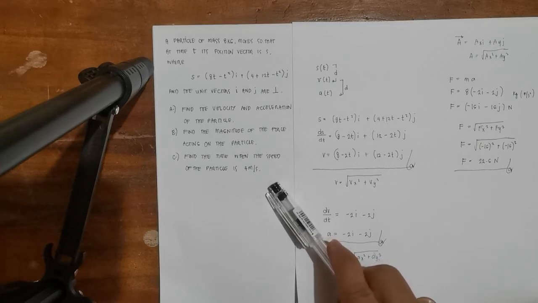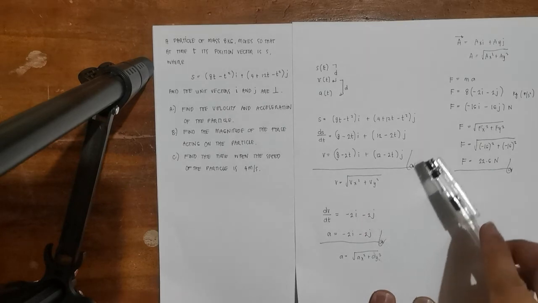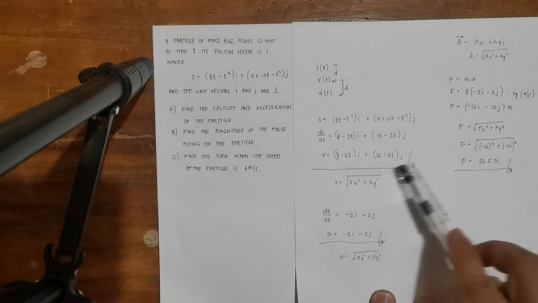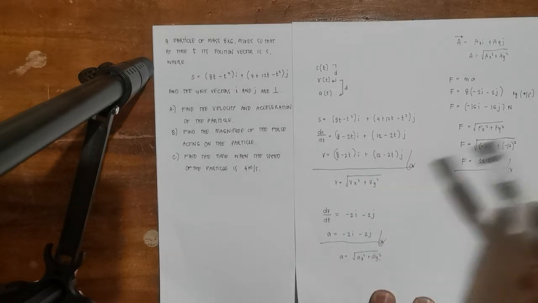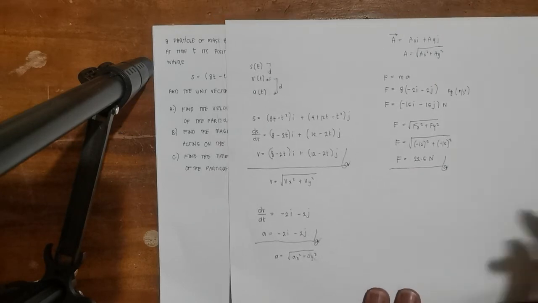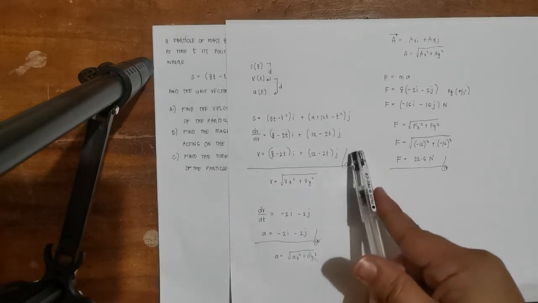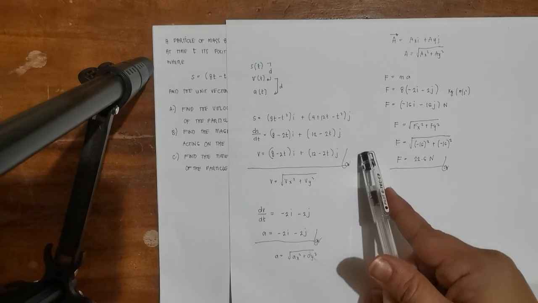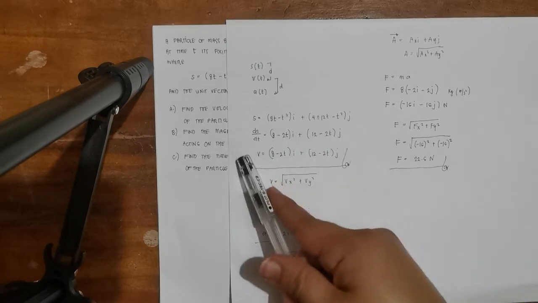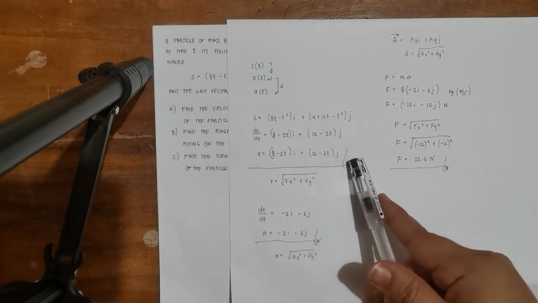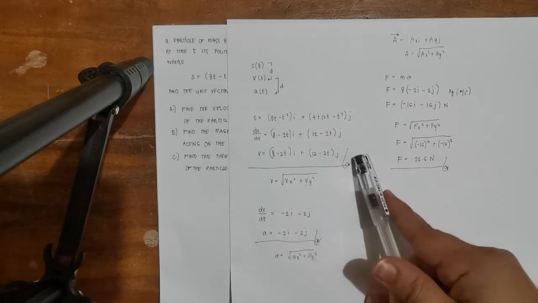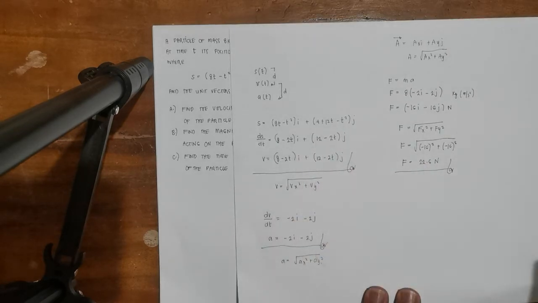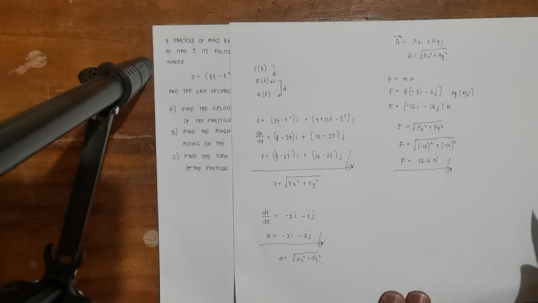Kasi ang velocity ay vector quantity. Since meron tayong velocity function dito, naka-vector form po siya, kukunin lang natin mismo yung magnitude ng ating velocity. Dahil yun po yung ating magiging scalar quantity niya, yung magnitude, and that will be the value of the speed. Since speed is a scalar quantity.